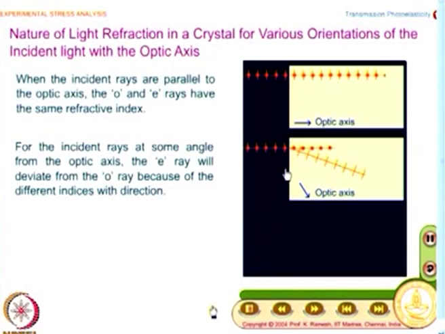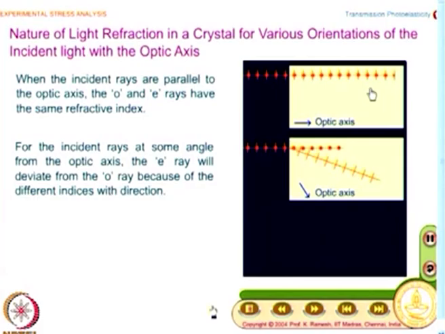If it is the same as the optic axis direction, then it behaves like an optically isotropic medium. If it is at an angle, you see two refracted beams which travel with different velocities and their planes of vibration are mutually perpendicular. Even this is not useful in photoelasticity.